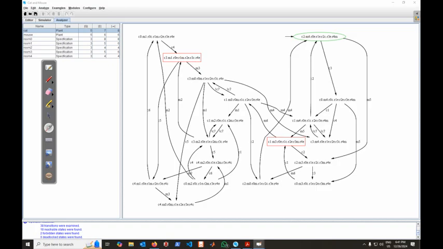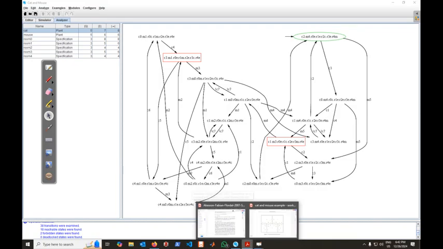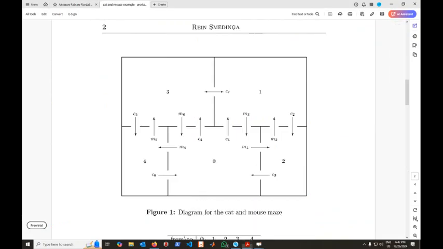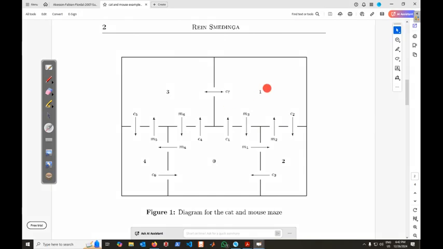In that situation, C7 cannot be stopped because it's uncontrollable, and it is possible that the system can reach a state that we are trying to eliminate, which is R1M and R1C.